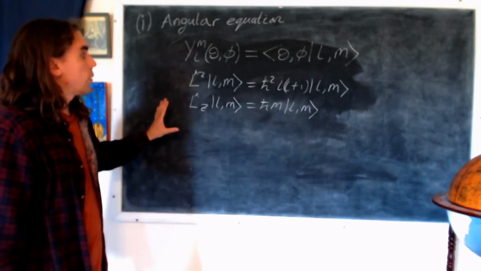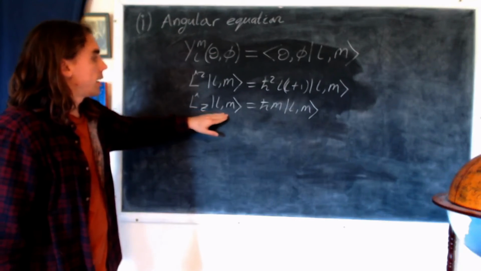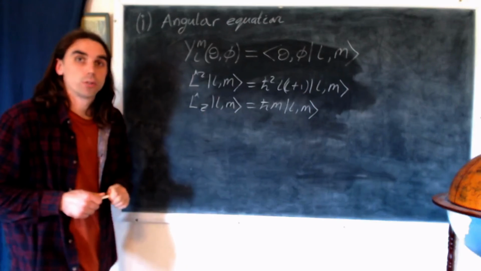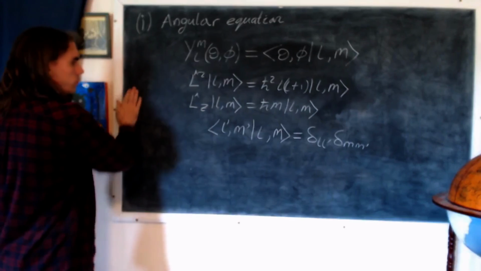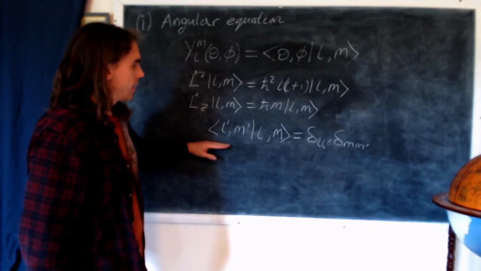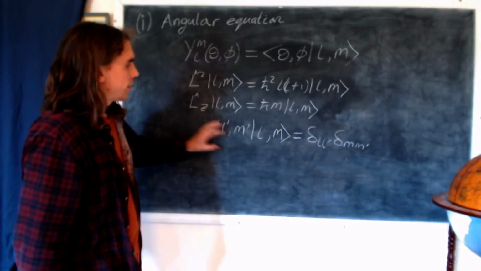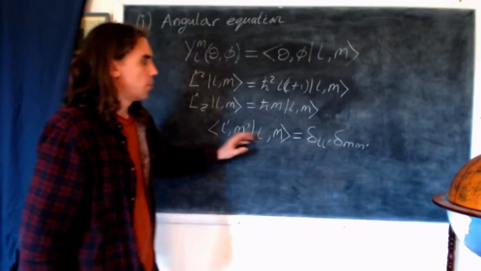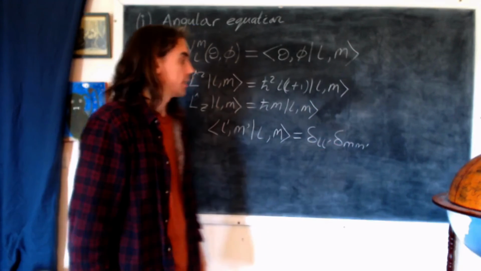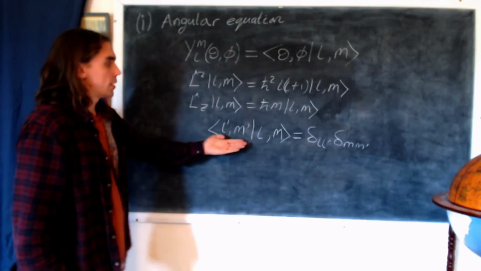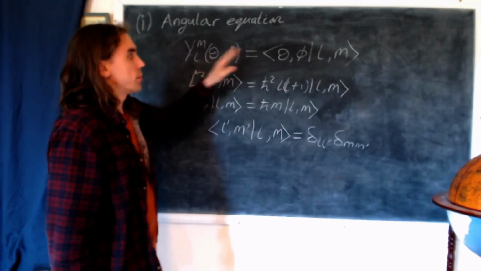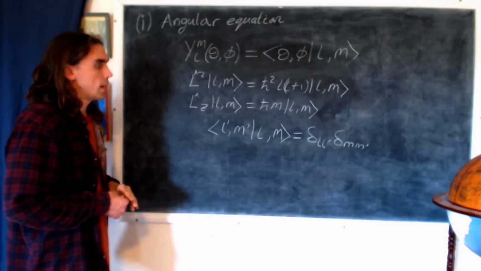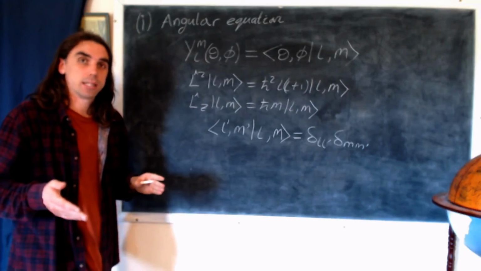So we have that these eigenstates of L squared and Lz form a complete orthonormal basis. So they're orthonormal. The inner product of L prime M prime with L M gives a product of Kronecker deltas as usual, and as usual we can expand this into the position basis, into spherical polar coordinates, using an insertion of a complete set of states.